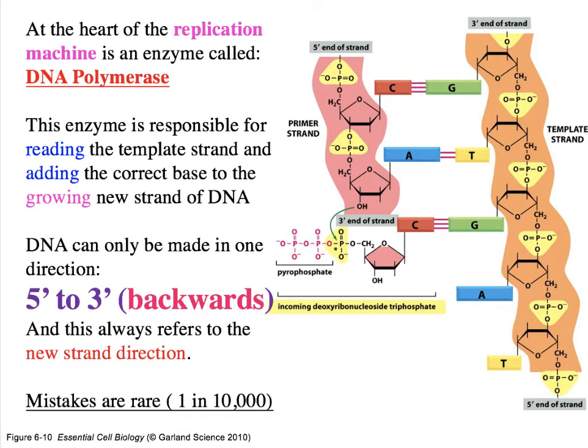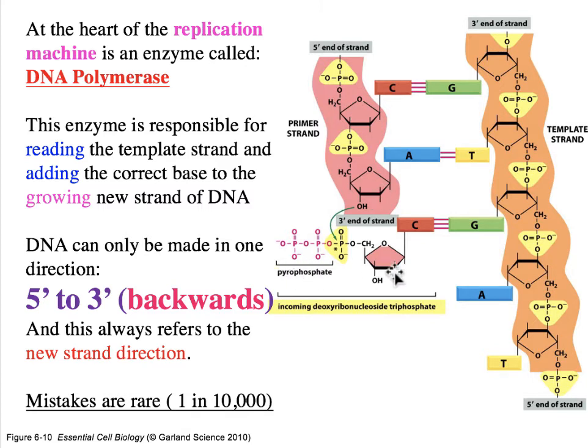Here one can see a moment in time as an incoming nucleotide is being polymerized to an existing 3' end on the newly made strand. So the requirements are that we must have a free 3' end on the existing nucleotide that is part of the growing strand.